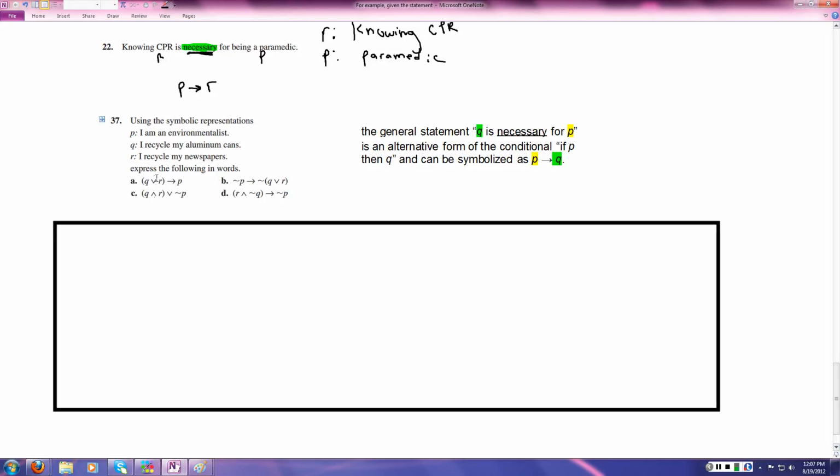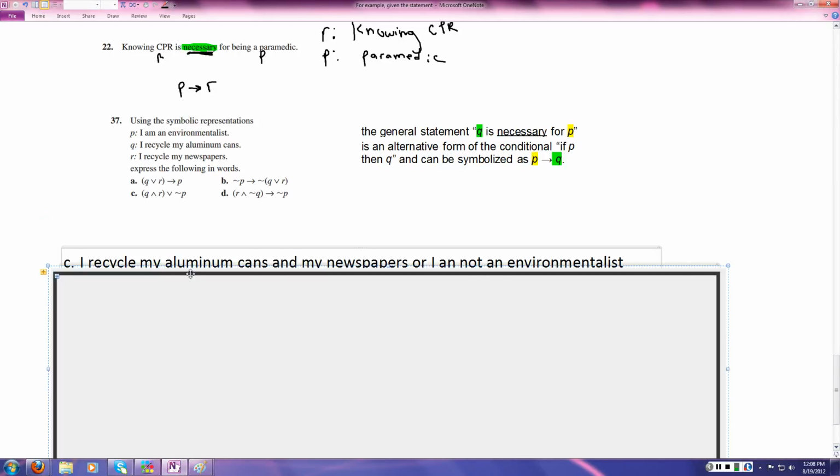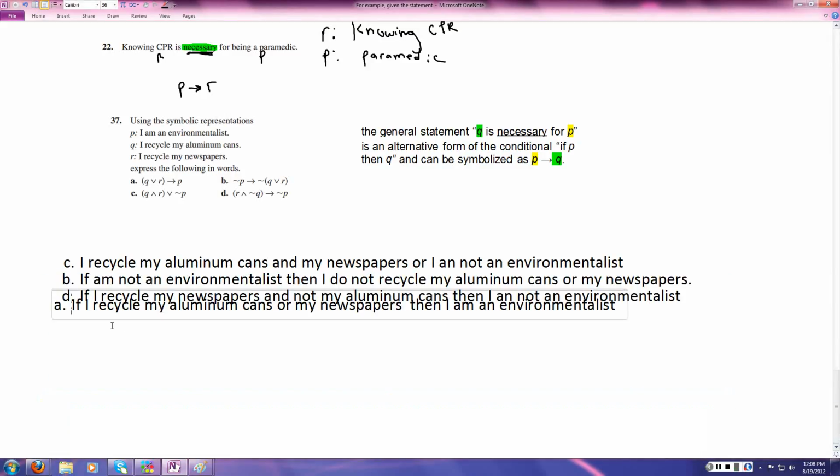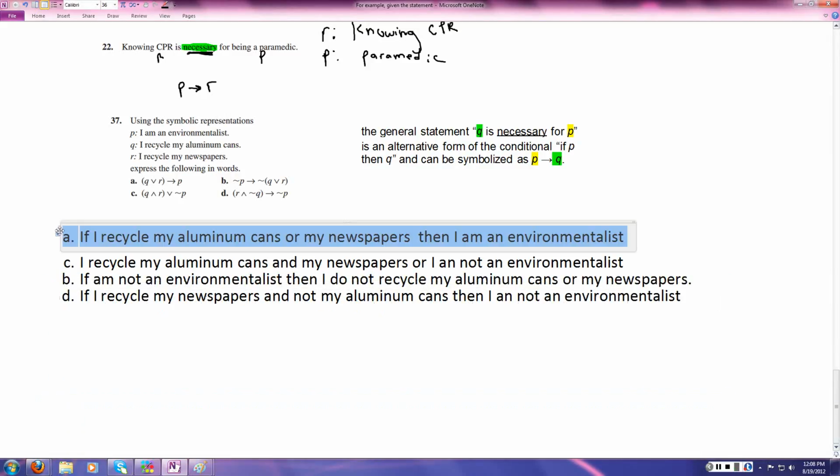And then the down caret is or. My A is down here now. If I recycle my aluminum cans or my newspapers, then I'm an environmentalist. So that's what that statement is saying. Q or R implies P.